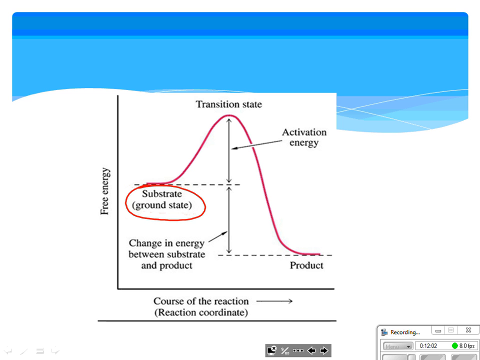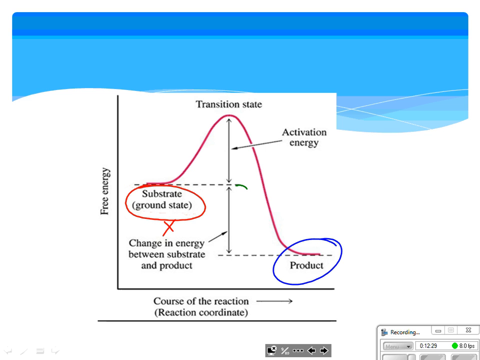Now let's look at this. Here are my products. Here are my reactants. Which has more energy? Obviously, the products are a lot lower than the reactants. So we have a change in energy.